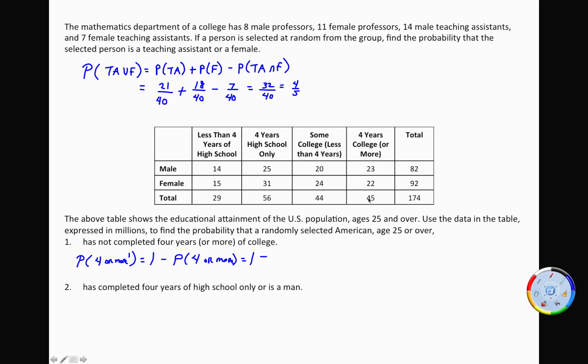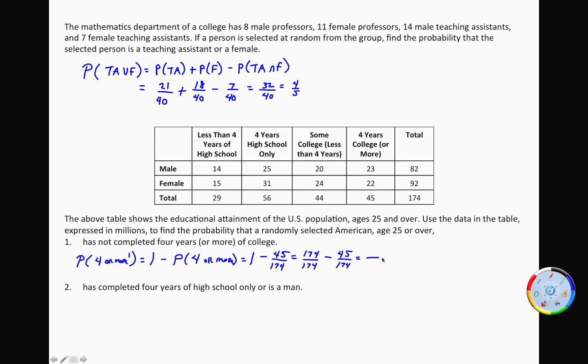45 million out of 174 million. Again, we can plug that in our calculator, but what we're really doing is getting a common denominator, making that 1 into 174 over 174.